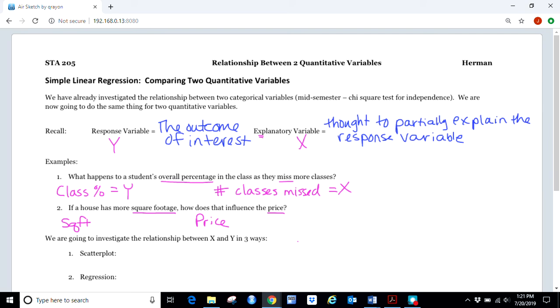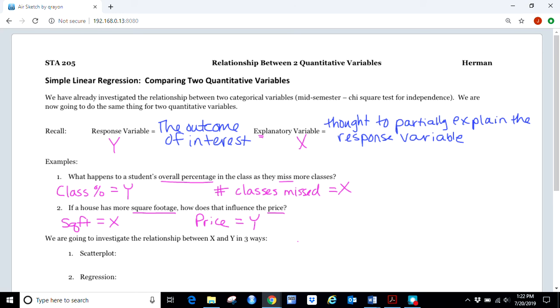So which one is really the one I care about, the outcome of interest, the response variable? Well, I want to see how price is influenced. Price is what I really want to know. And then we think square footage might explain the price of the house.